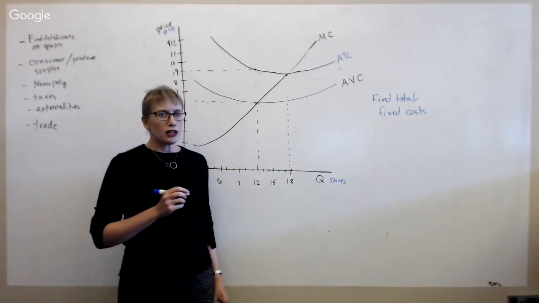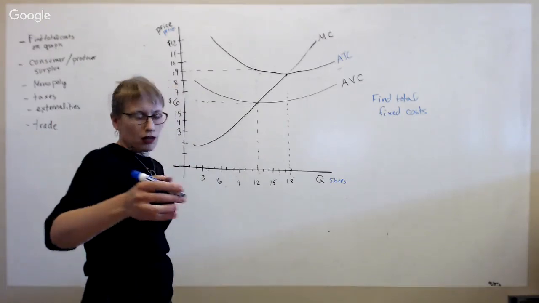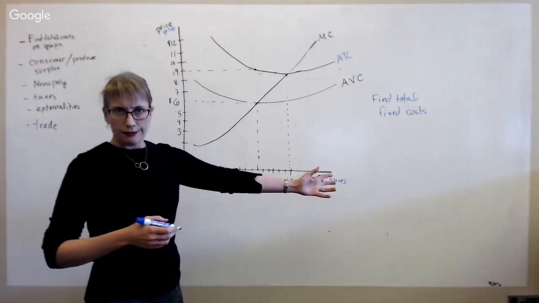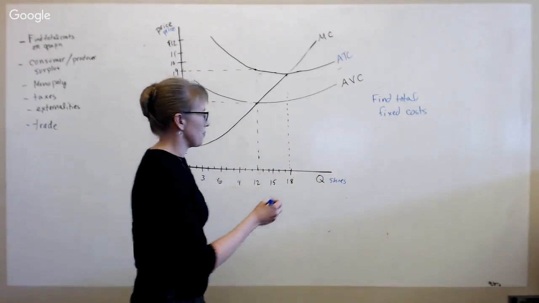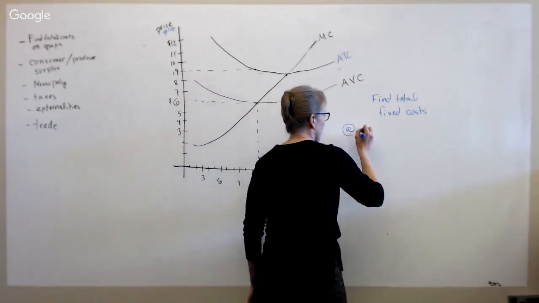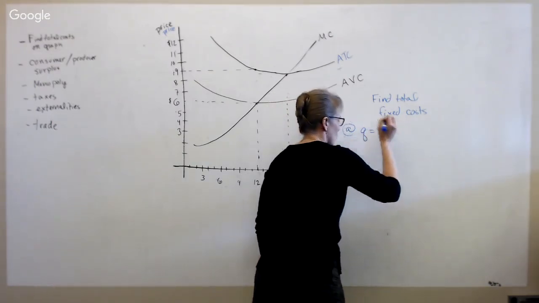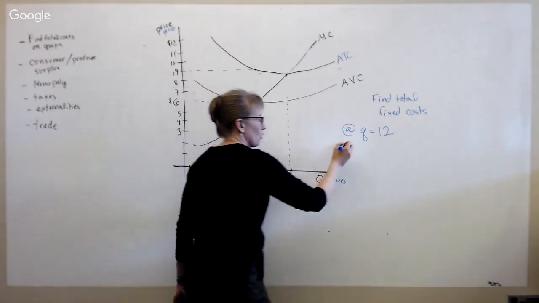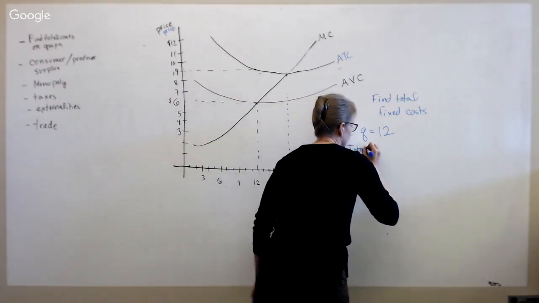So we can look at our graph and say, let's choose a point. Let's choose that maybe at quantity 12 shoes. Let's find total costs.